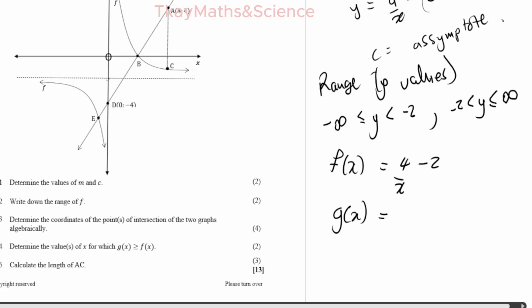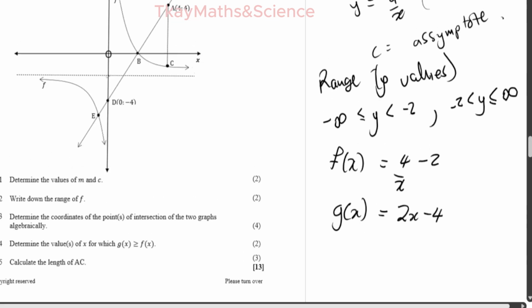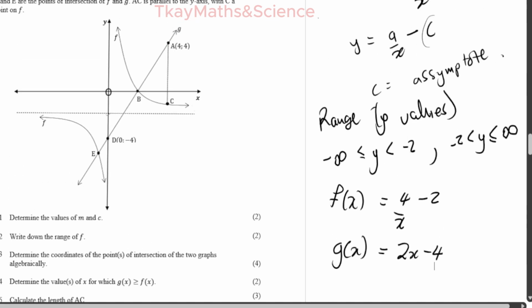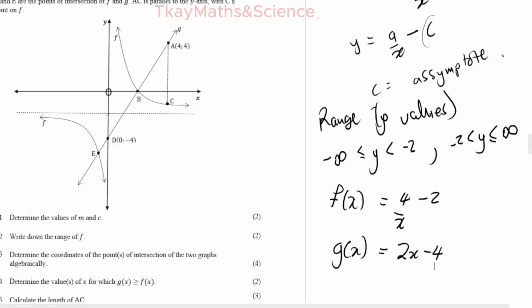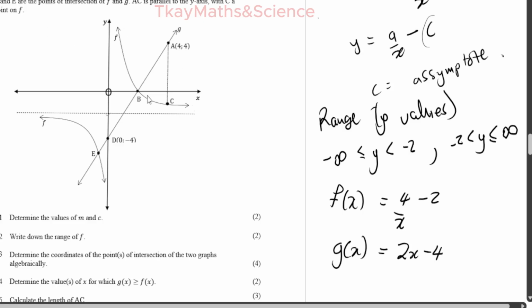What do we get here? We got 2x minus 4. So this one is g of x, this one is f of x.